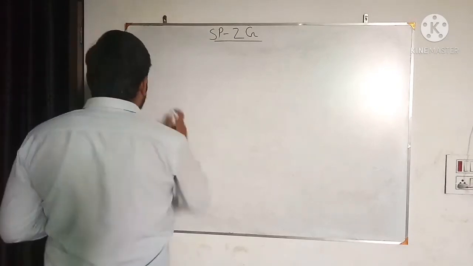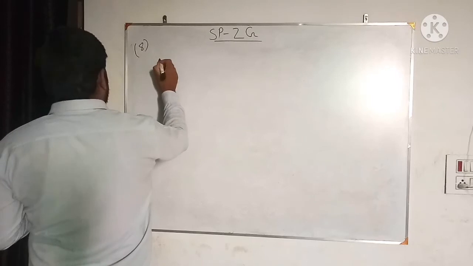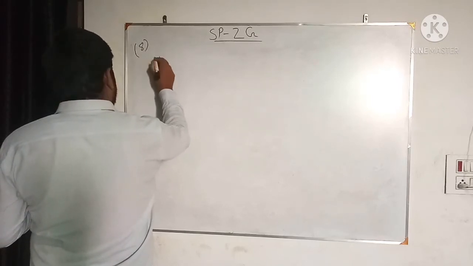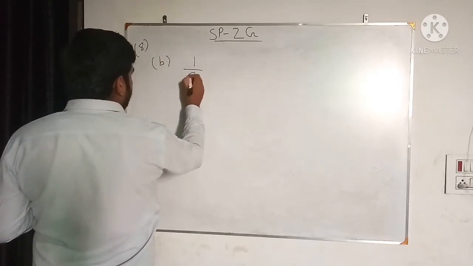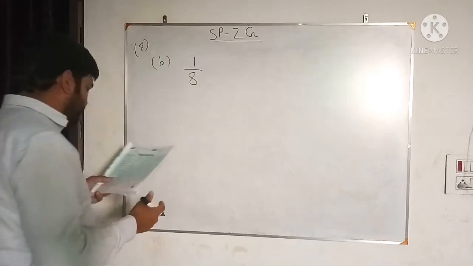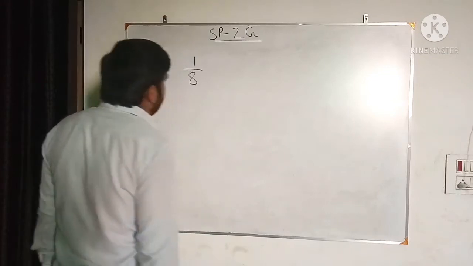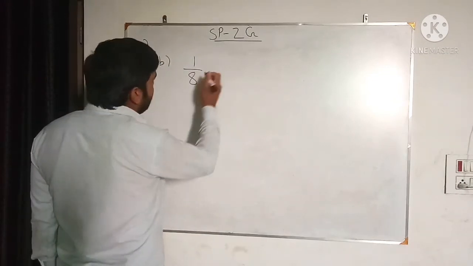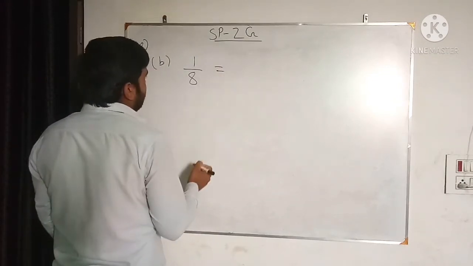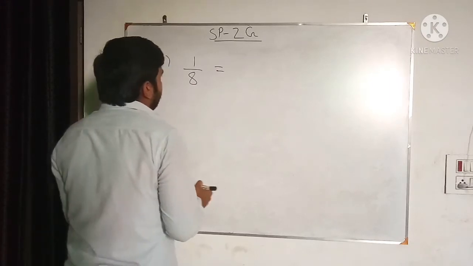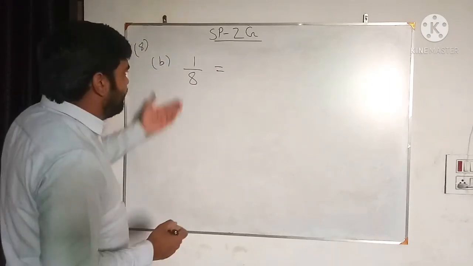Convert into decimals. Question number 8. 8B, 1 by 8 is given, a fraction, and that fraction we have to convert into a decimal. We can do the division, or we can multiply by a certain number which makes the denominator a multiple of 10.